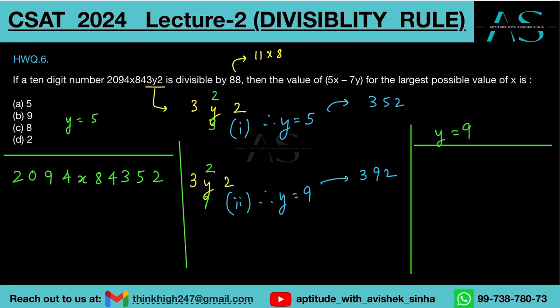So what does the number become? 2094x84392. Apply the rule of 11. 11x, 15, 20, 20 plus x.